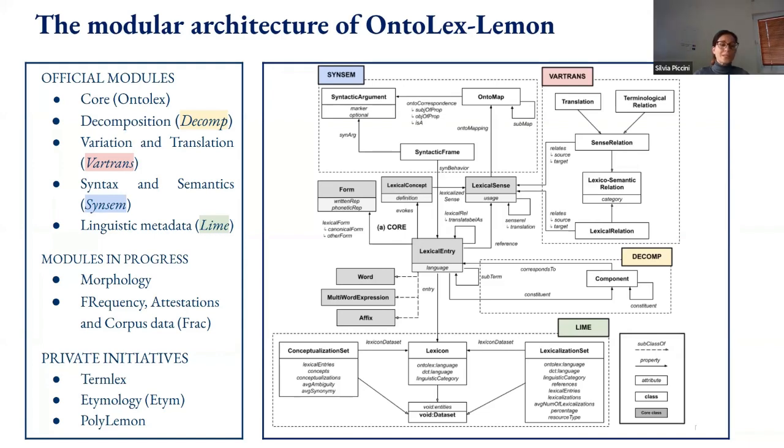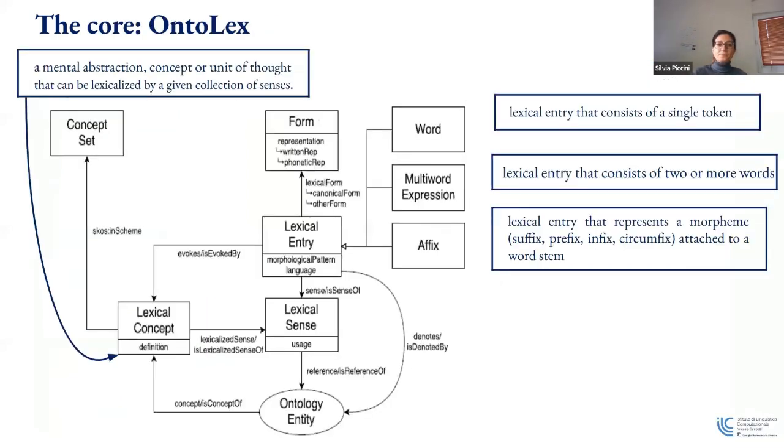There are other modules that are in progress, such as the module dedicated to morphology or the module called FRAC, that is dedicated to frequency, attestations and corpus data. And then there are other private initiatives, such as etymology, just to formalize the etymology of a term, PolyLemon to formalize the polysemy of a term, and TermLex to encode terminological data, okay?